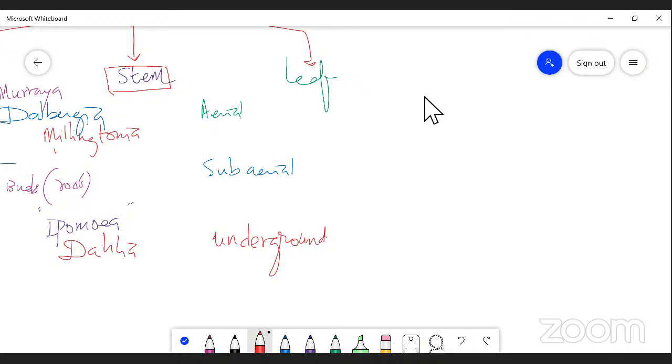In aerial modification, the stem is modified to perform a reproductive function, and that is called bulbils.